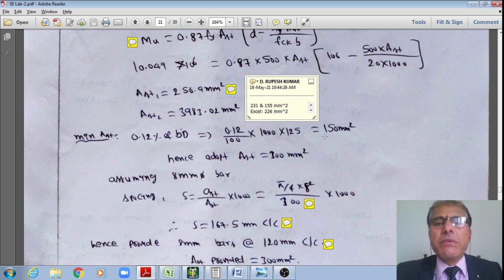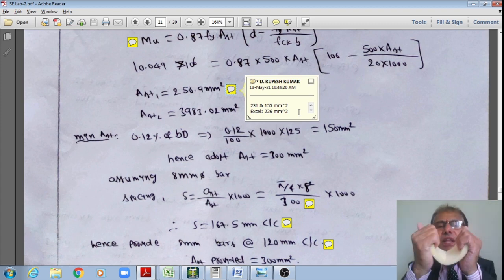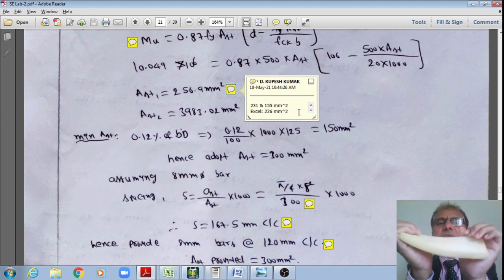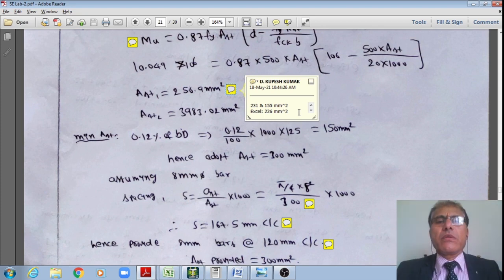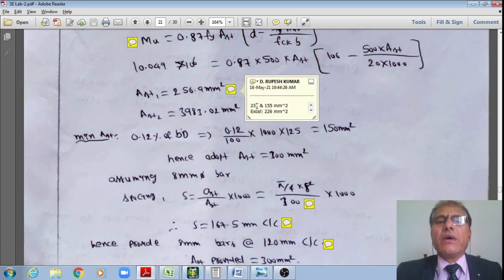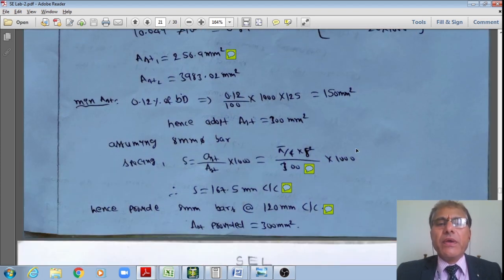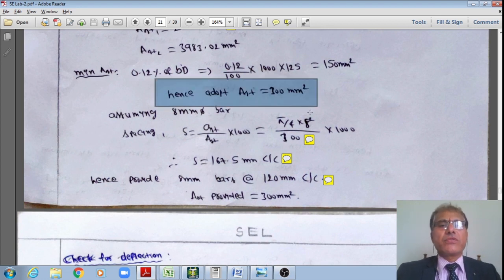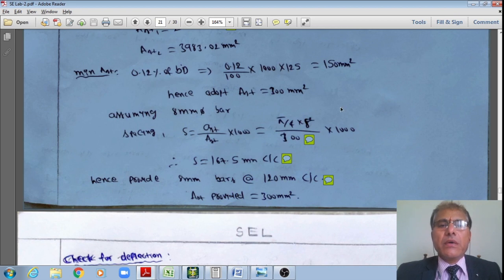Therefore, this Ast minimum will not govern, but the design will be governed by the flexure in the short span direction as well as the long span direction. Both 231 and 155 will govern. Let us say if either of the values is less than 150, then the area of the minimum steel will govern the design, not that, right? I hope you understood how the main steel will be fixed, student, right?